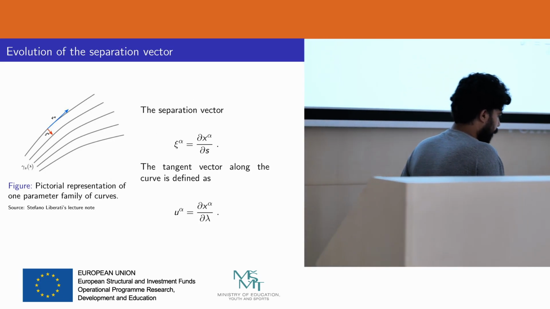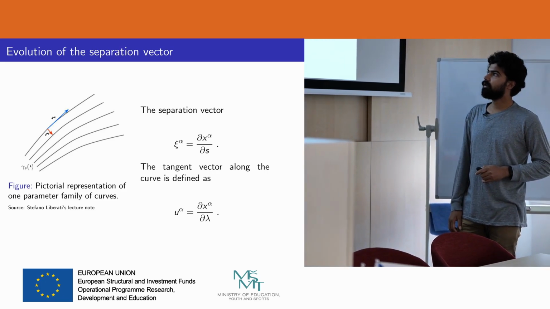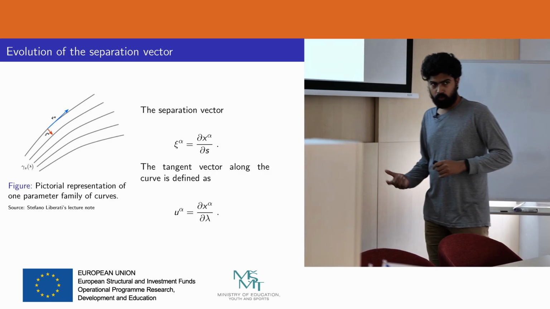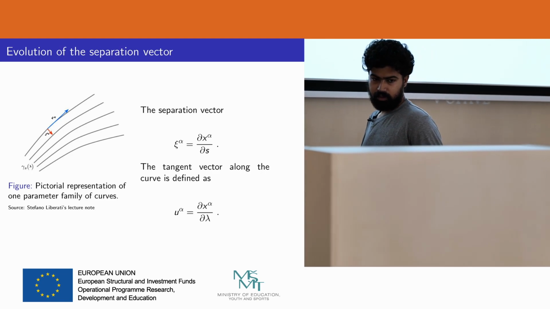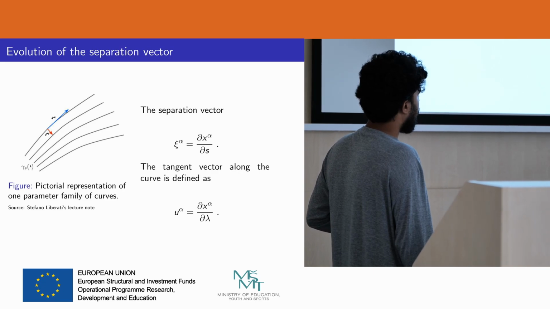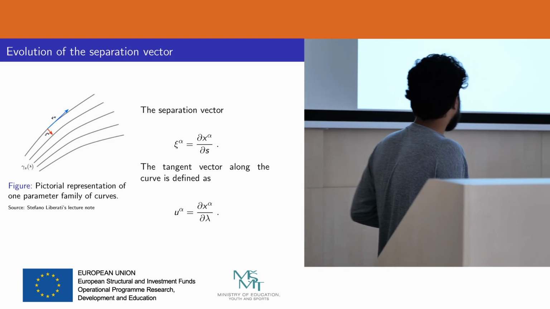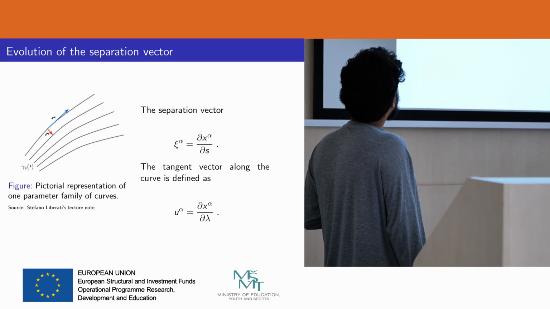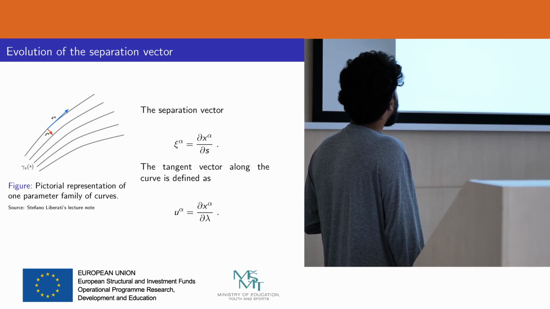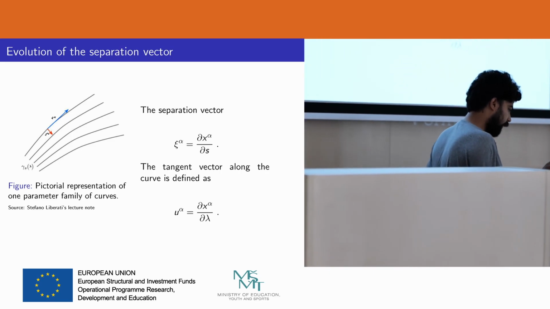Yeah. So when a bunch of curves propagates in a space-time, let's define two vectors which can help us to determine how they are propagating in a space-time. So basically the separation vector and the vector that is tangent along the direction of flow. So here we have a bunch of curves, let's say gamma s lambda, where s changes when we go from one curve to another.